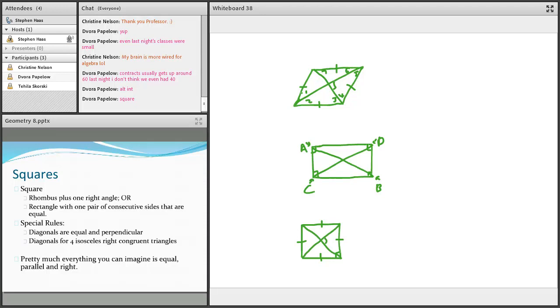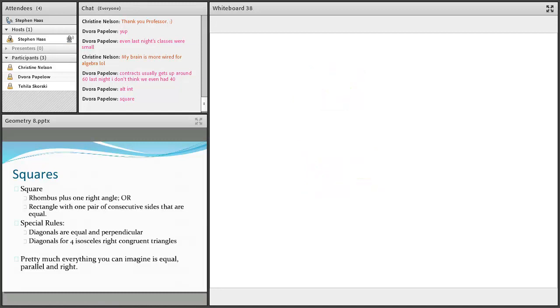And also, all these four triangles are all congruent to each other. Everything's a right angle, everything's equal, everything's happy. The square is the perfect two-dimensional shape.